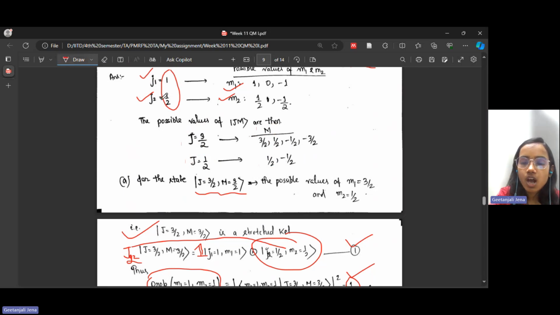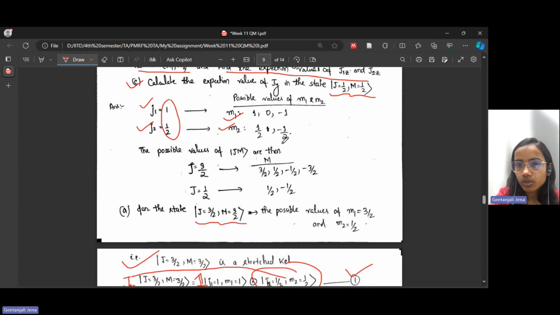For J equal to half and M equal to half, how can you get capital M equal to half? The combination of M1 and M2 is like this: either M1 is 1 and M2 is minus half, or M1 is 0 and M2 is half.